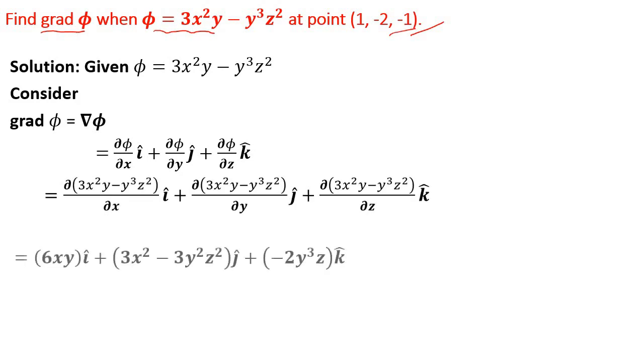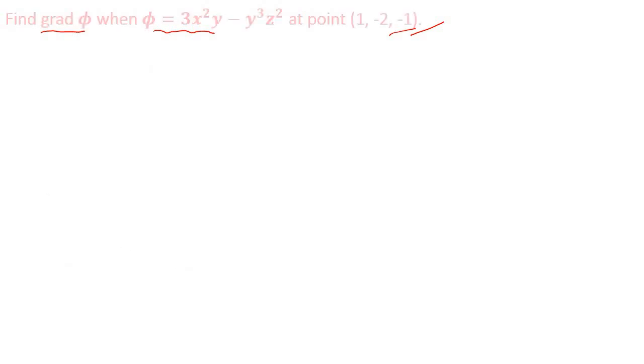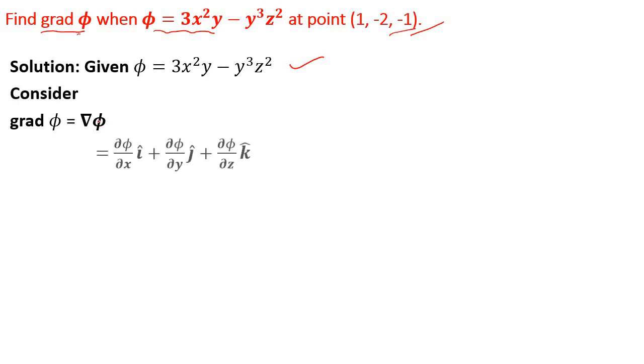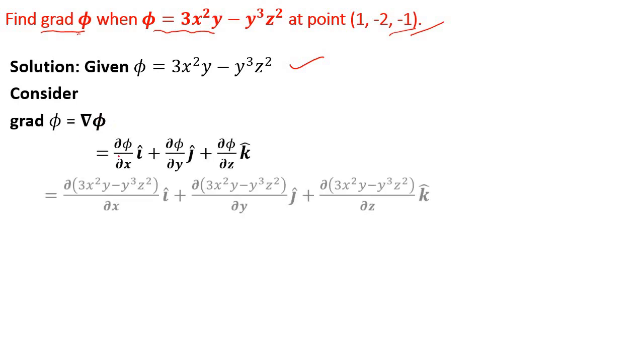The procedure is, first consider the given scalar: phi is equal to the given scalar. We need to find grad phi. Grad phi is equal to del phi. What is del phi?